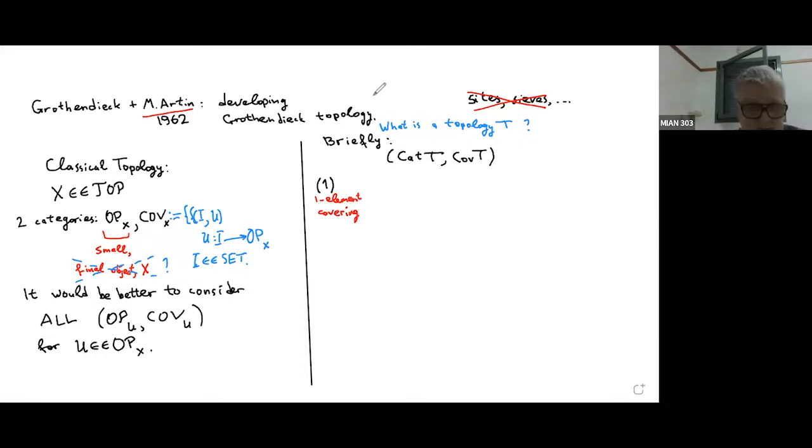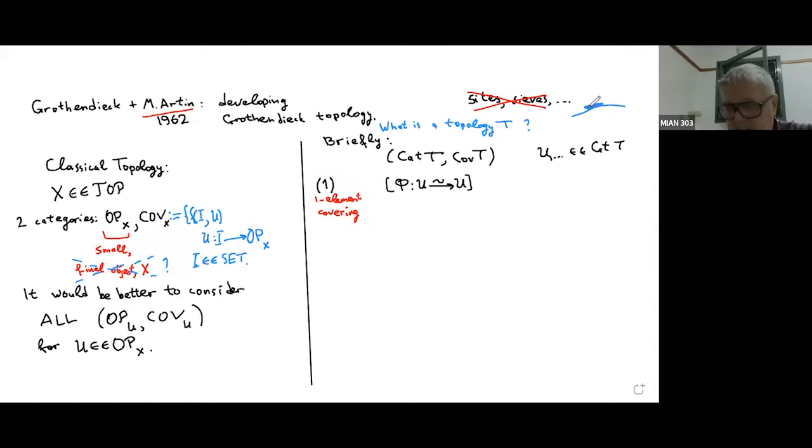In brief notation, the axiom says that when we have an isomorphism of objects, where U and the others are objects of the category T, then it is a covering. Let me give some intuition.